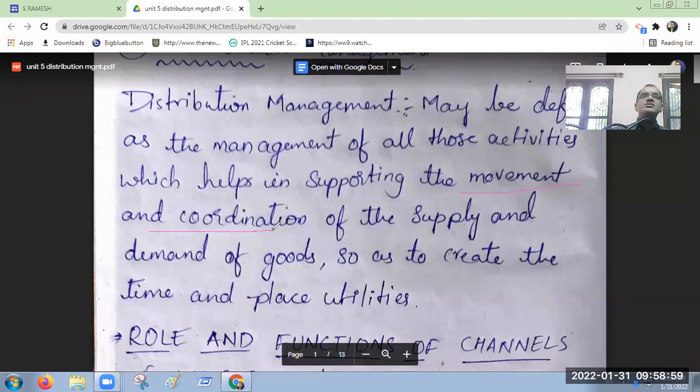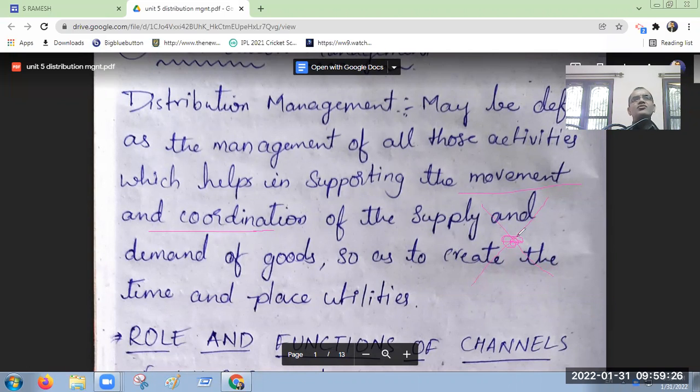And distribution management refers to supporting all those activities which help in easy movement of goods from the production area to consumption area, so that the demand and supply interaction, the equilibrium, takes place in a smooth and cordial manner.